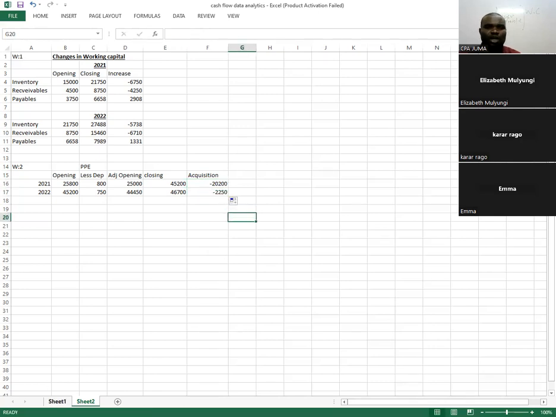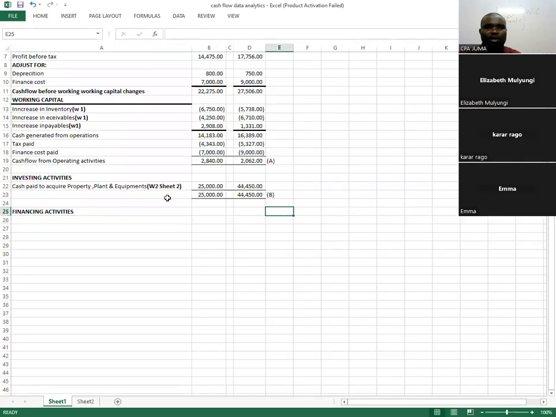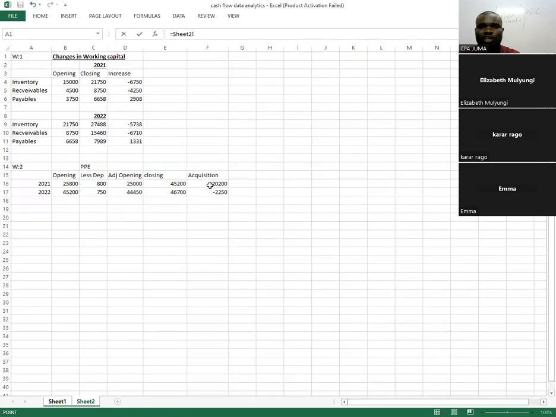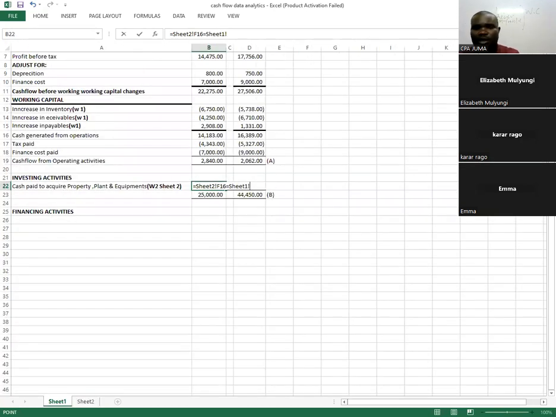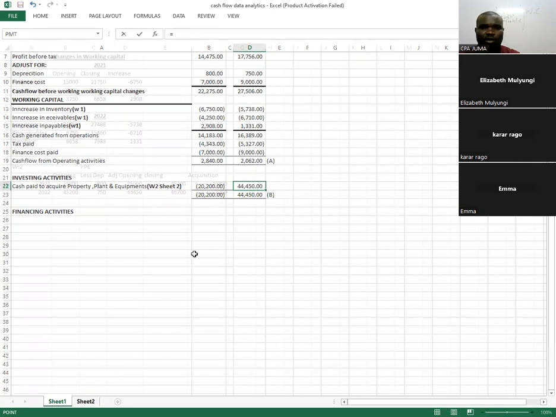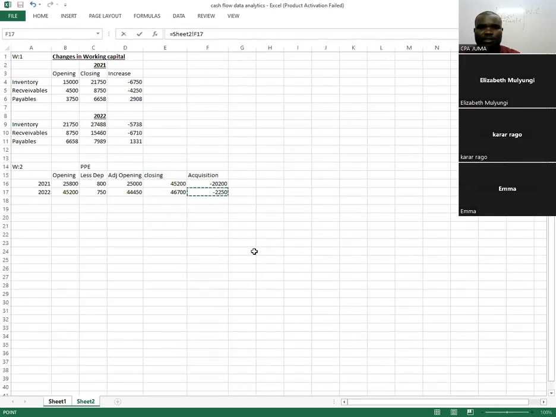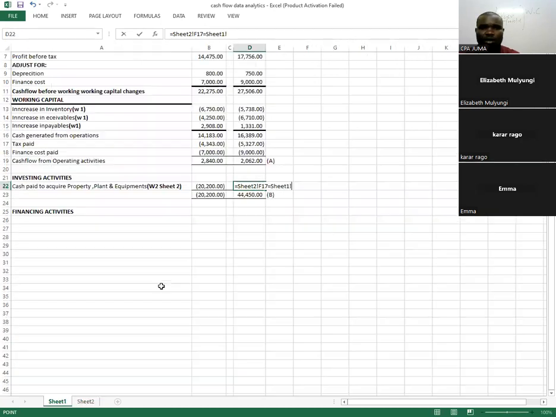So we need to adjust them back here. So cash paid to acquire will be equal to this, this equals back. I will do away with that. Then this one equals this, equals back.